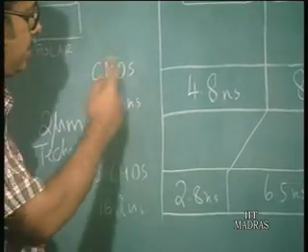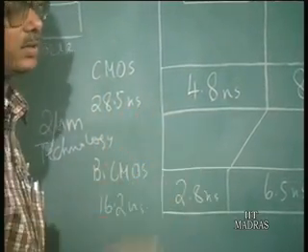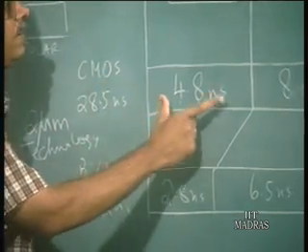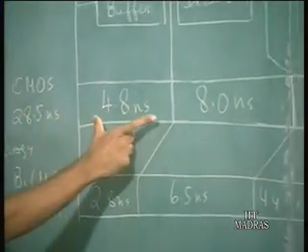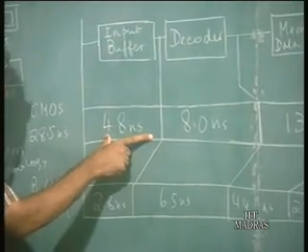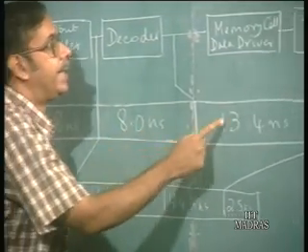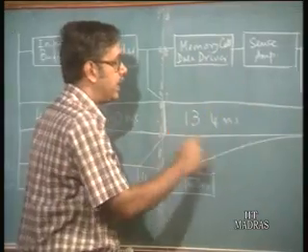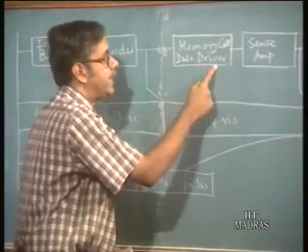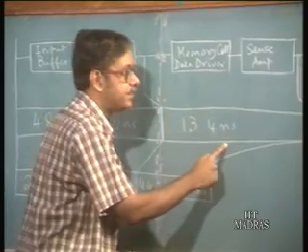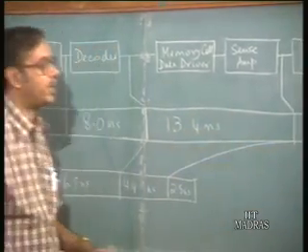Now, they do not specify the size of the memory in their paper, but anyway, let us see. The delays for the CMOS are 4.8 nanoseconds at the input buffer, 8 nanoseconds for the decoder, and the major part of the delay is for the memory cell data driver and sense amplifier, a total of 13.4 nanoseconds, and finally the output buffer 2.3 nanoseconds.